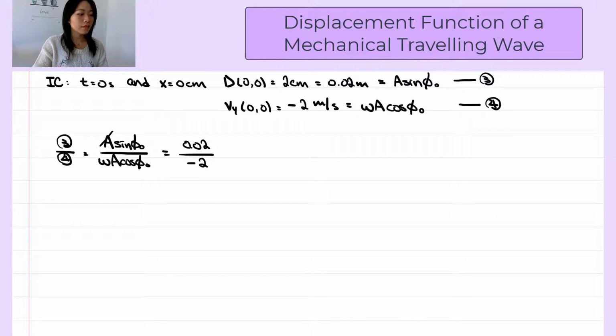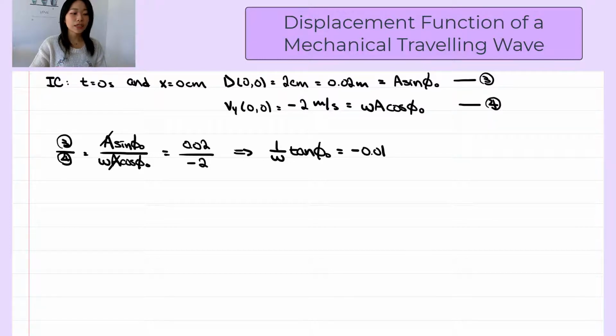We can cancel out the amplitude, and sine function divided by cosine function is a tangent function. So this also equals 1 over angular frequency times tangent of phi naught, and it equals 0.02 divided by -2, which is -0.01.